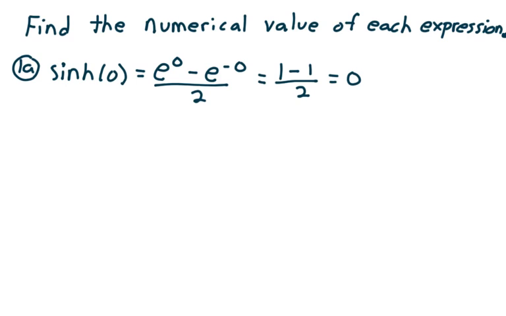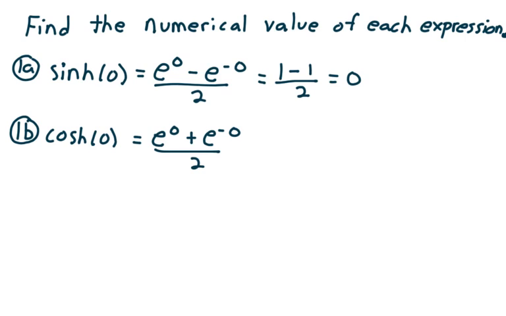So sinh of 0 is 0. 1b, suppose I want cosh of 0. Well, that's e to the 0 plus e to the negative 0 divided by 2, which is 1 plus 1 over 2, which is equal to 1.